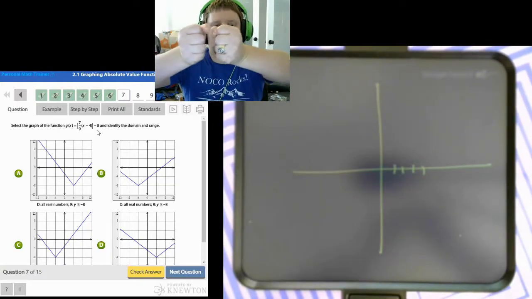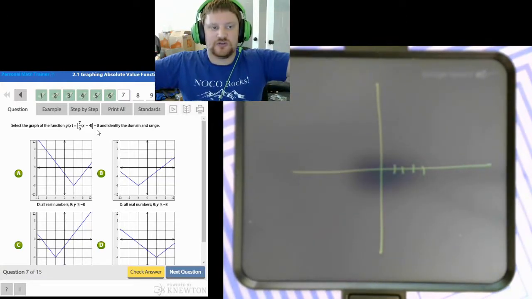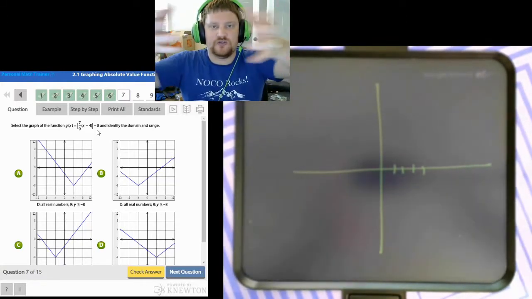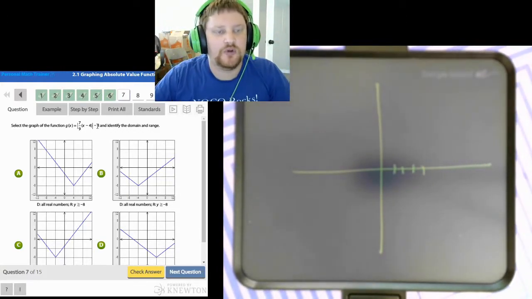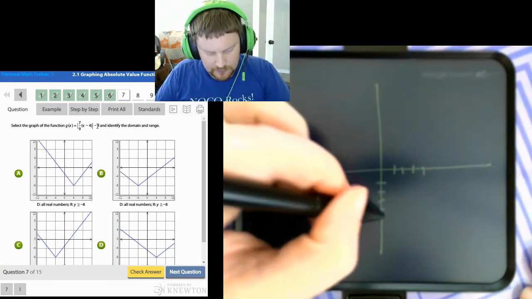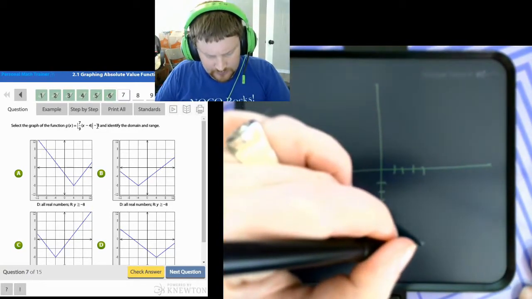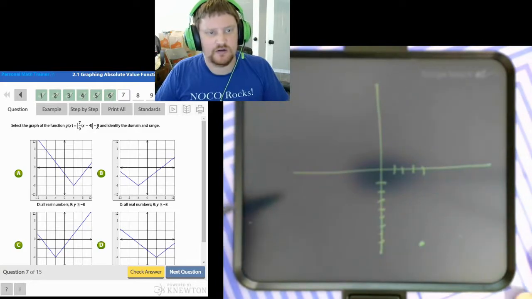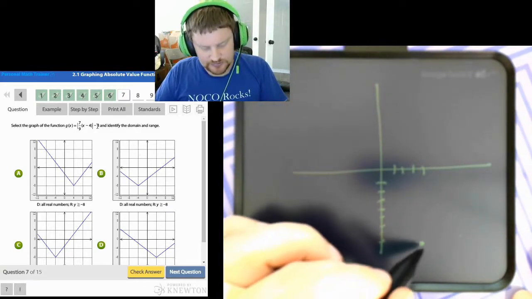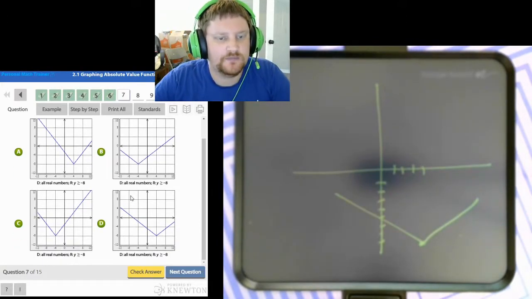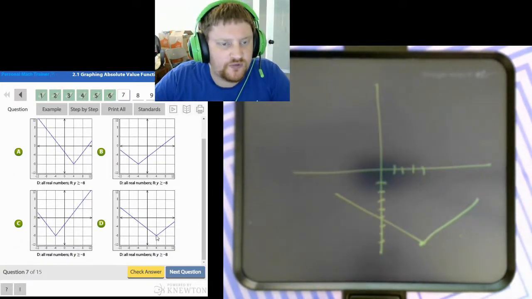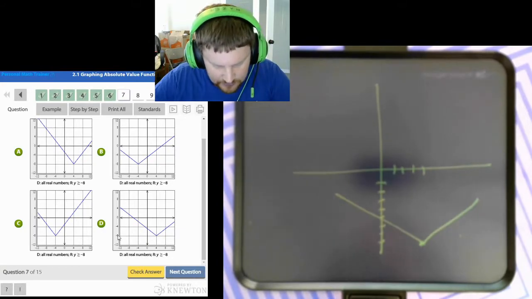It is a horizontal stretch this way. So we're looking for a fatter graph. After that, we're going to move down 8. So we're looking for a vertex here, and no reflections, and it's going to be kind of fat. So here is 4, -8, which is what we are looking for.